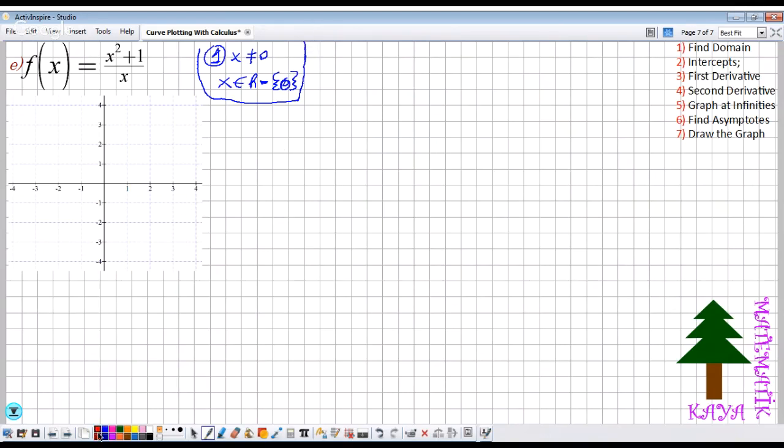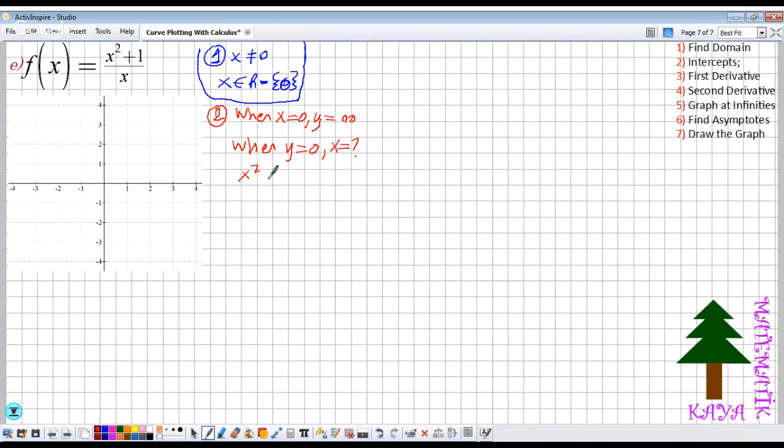Then the second step, intercepts. When x is equal to 0, there is no y number since we can't put it there. What about when y is equal to 0? Can we find the x number? Check that.